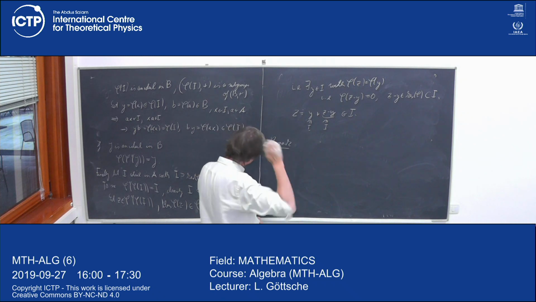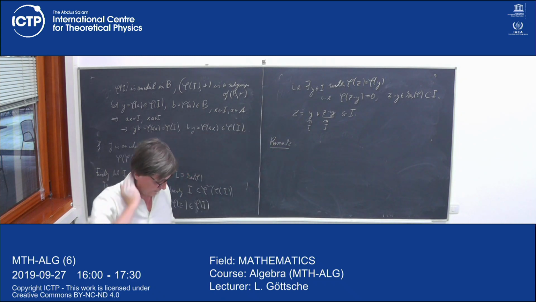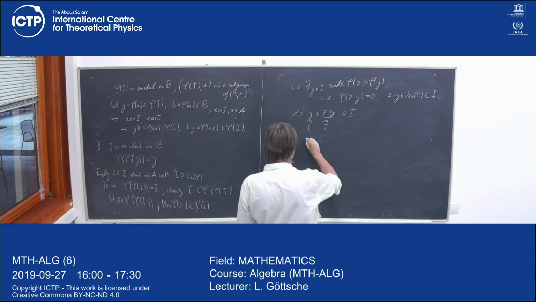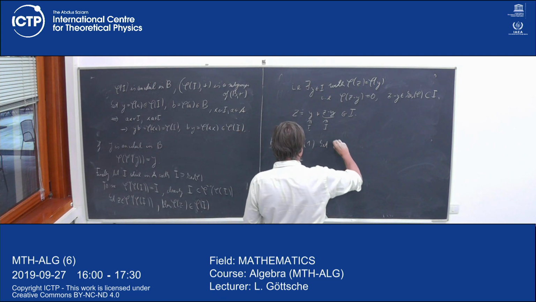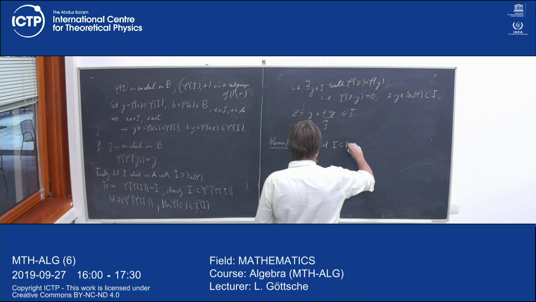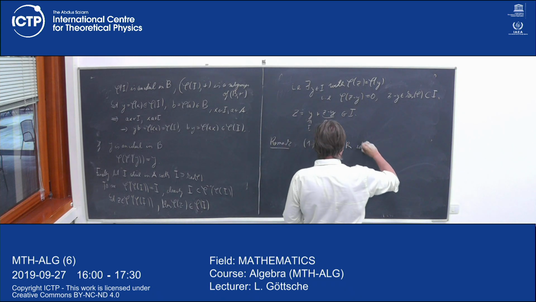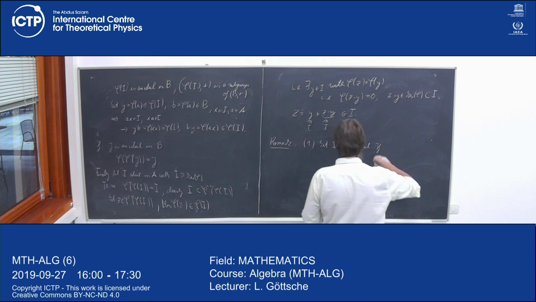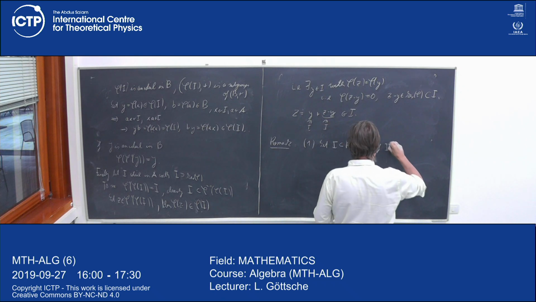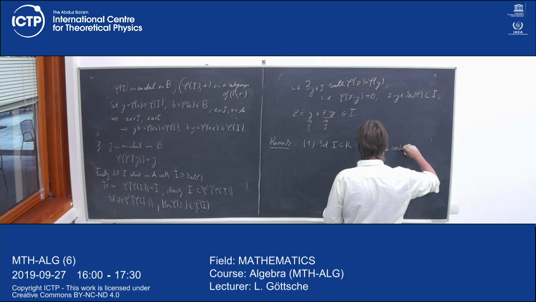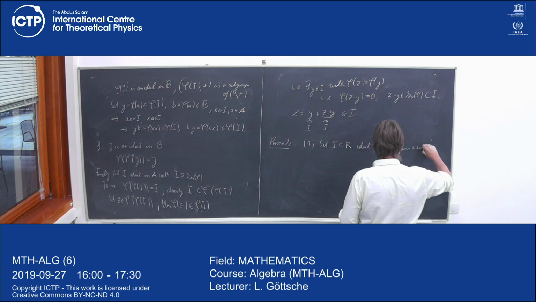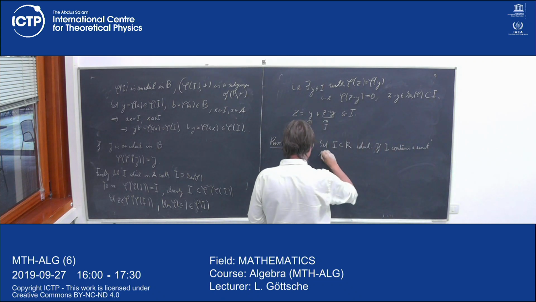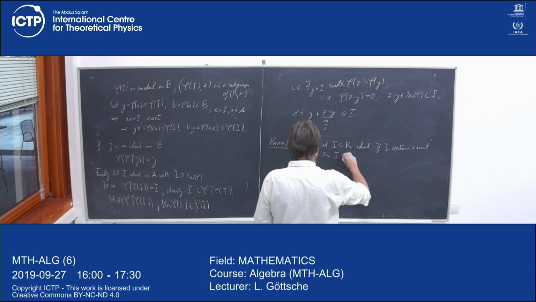If an ideal contains a unit, it's the whole of the ring. Let I be an ideal in a ring R. If I contains a unit, then I is equal to R.